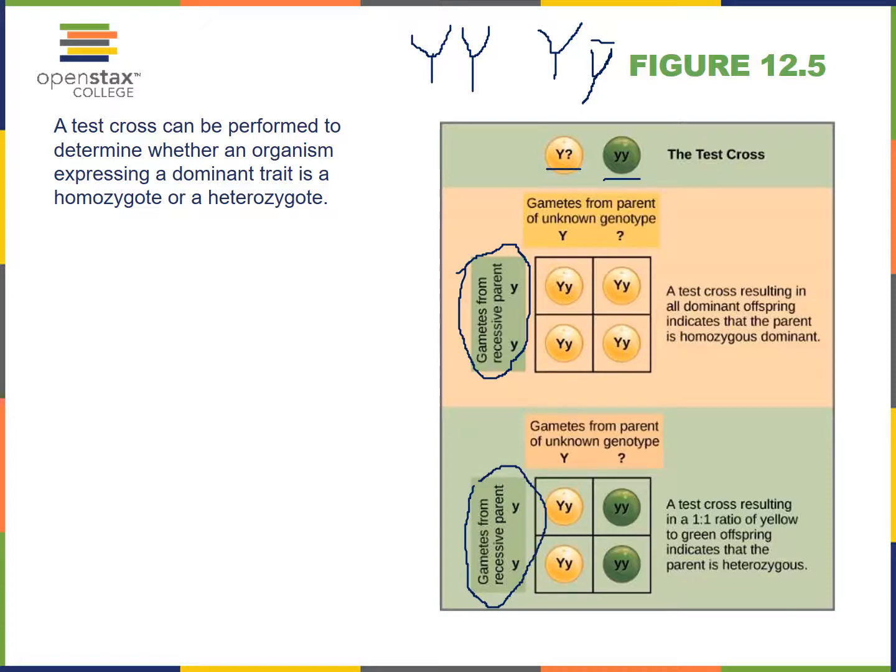And basically he tried to predict the results of the cross. So if this question mark is a capital Y, this is the square you would get.